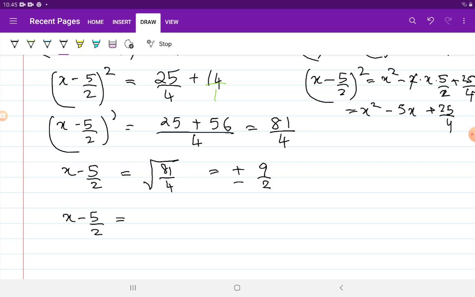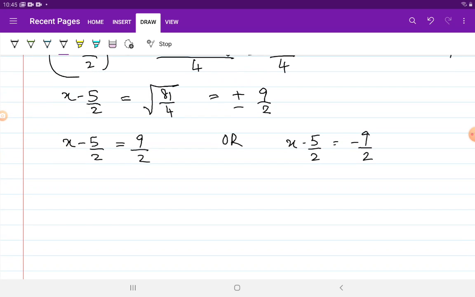Root of 81 is 9, plus or minus 9, and root of 4 is 2, so plus or minus 9 by 2. So one of your x values will be x minus 5 by 2 is equal to 9 by 2, and the other will be x minus 5 by 2 is equal to minus 9 by 2.